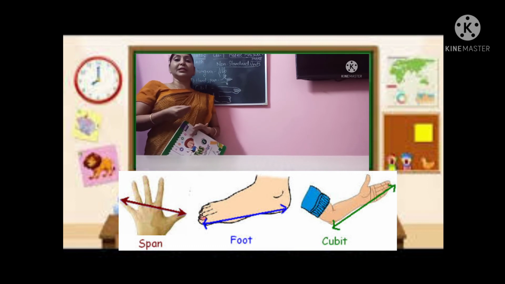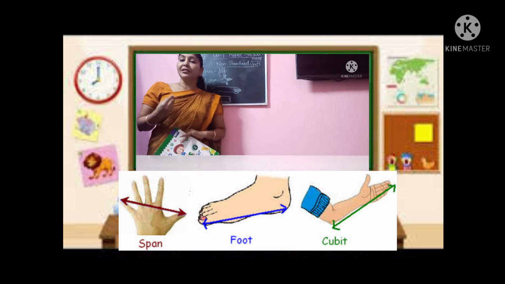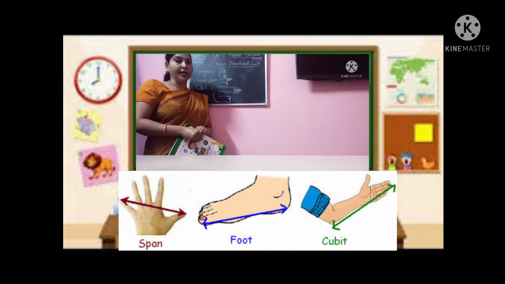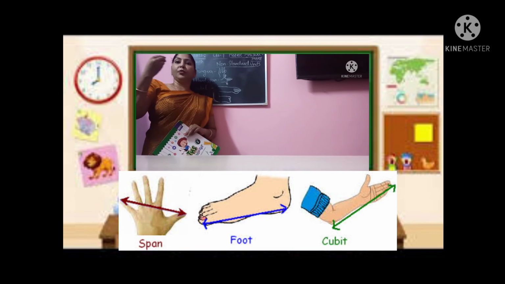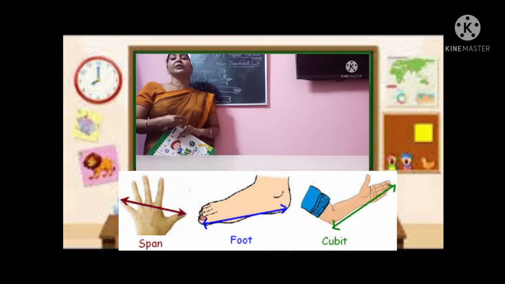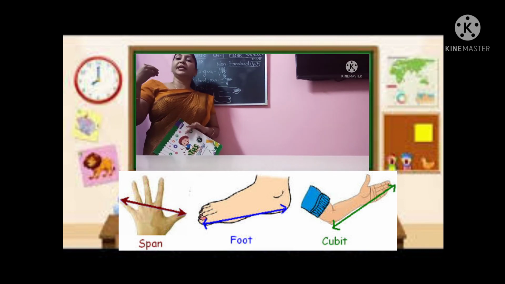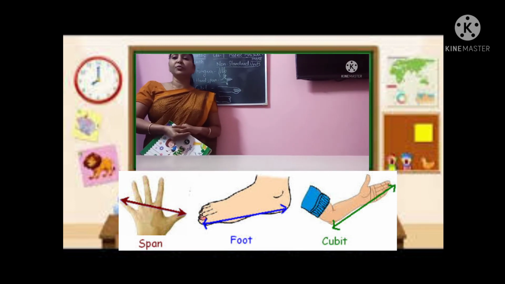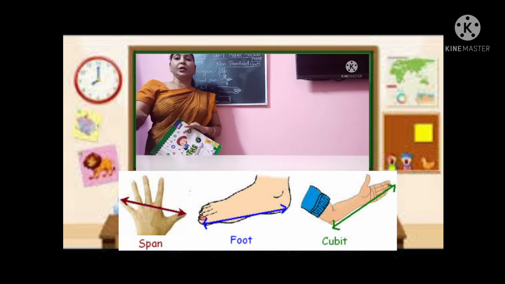So keeping all these things in mind, the scientists and mathematicians discovered certain standard units of measurement for measuring length, capacity, and weight of any object. Later on we started using standard units, for example kg, kilometers, kiloliter. These were the different standard units which we started using for measuring different quantities.